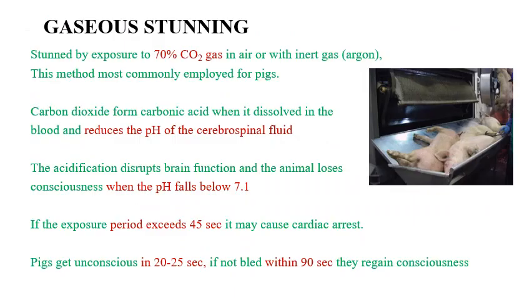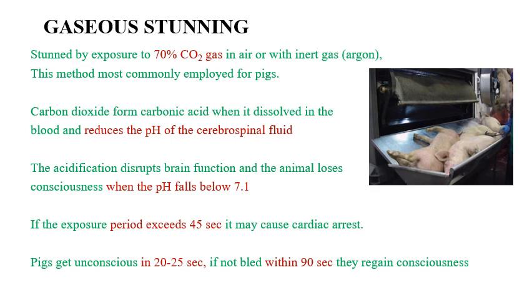Now the third method of stunning is gaseous stunning, or sometimes called chemical stunning, because carbon dioxide is used. Here the stunning is done by exposure to 70% carbon dioxide gas in air or with inert gas like argon. This method is most commonly employed for pigs, or most suitable for pigs.